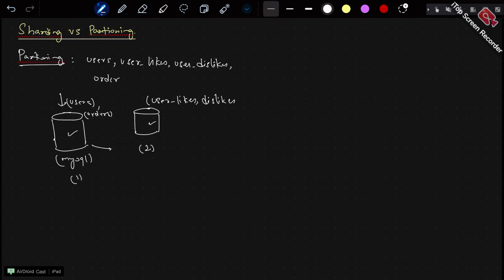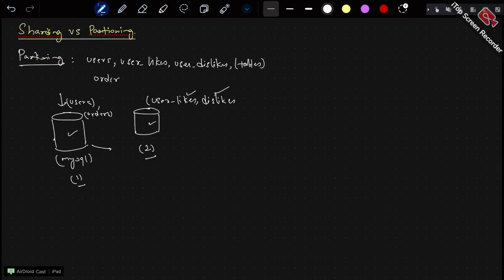So now you have two separate nodes. Users related data is persisting onto one, orders related data is persisting onto database node 1, and in database node 2, the data related to this is flowing. Tables are on different database nodes.